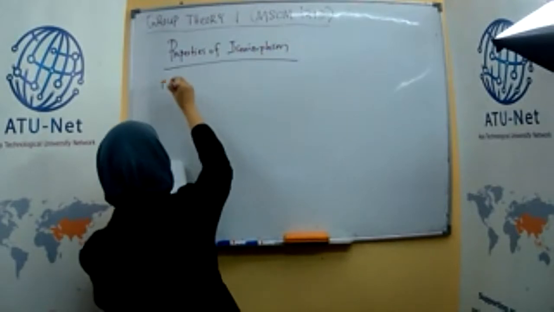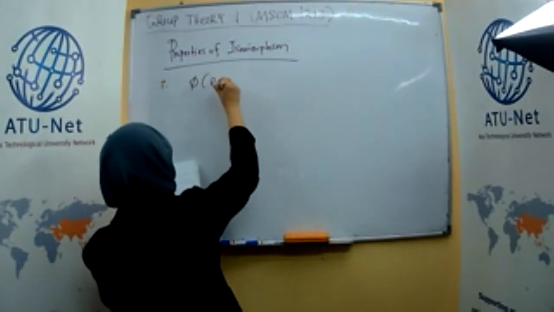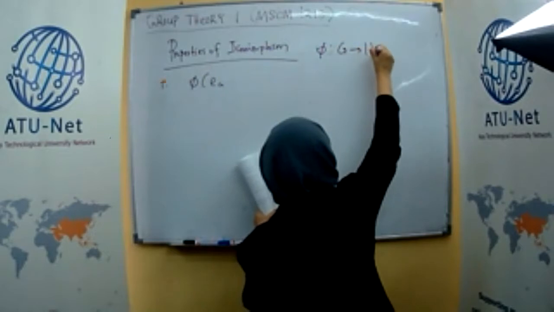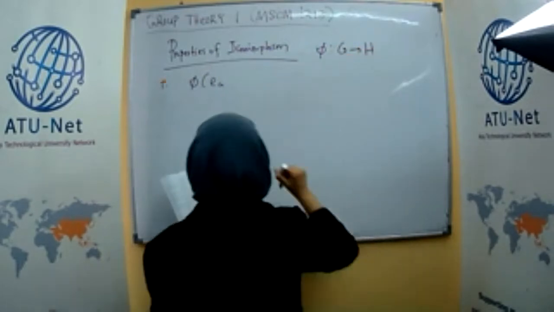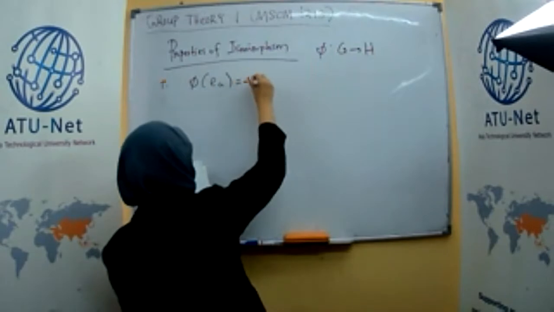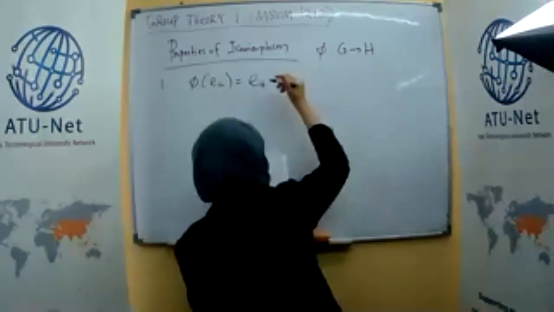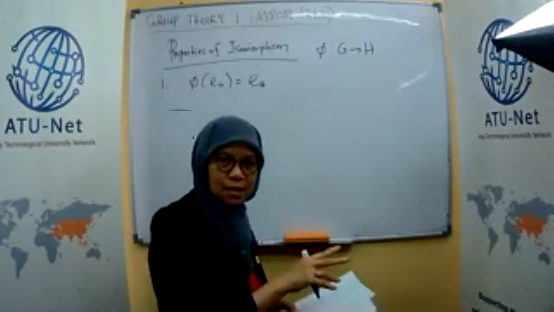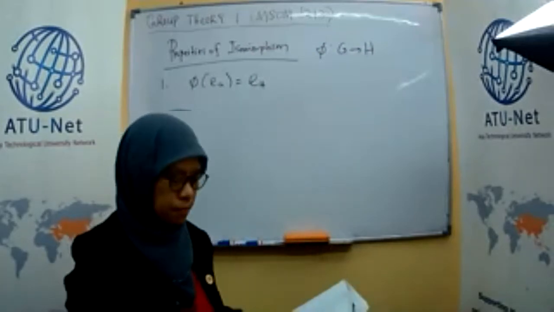Number one, if you have phi from G to H, the image of the identity in G is the identity in H. So you always map the identity to the identity.